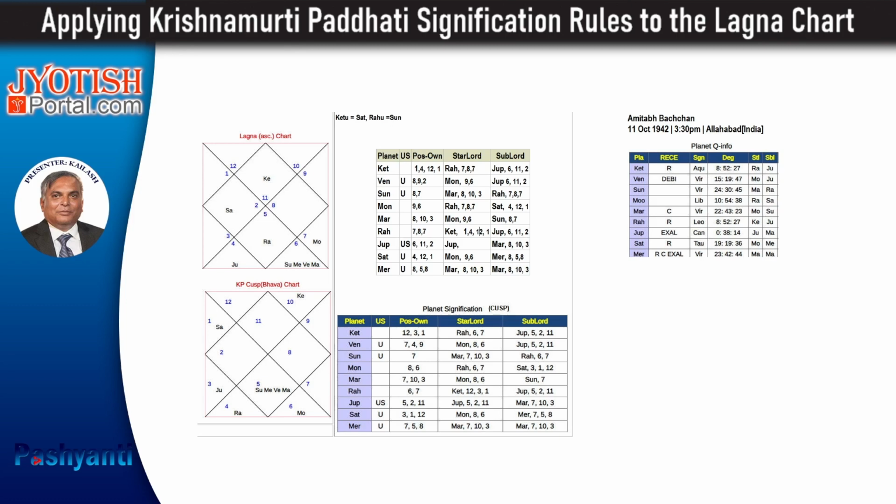When I look at a horoscope, I always look at the signification in the Lagna chart as well. And with the example of the Donald Trump chart, you will have a better feel of how the planet signification in the Lagna chart can help you expand your understanding of a chart.